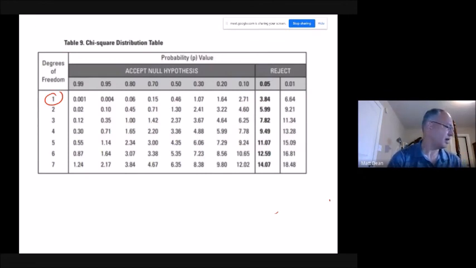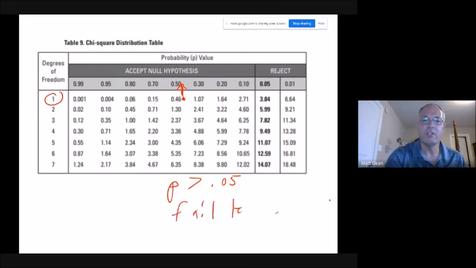Try to find our chi-square value of 0.4831. Scroll over. So 0.48 would be somewhere in here. Point being is that that p-value, once again, is greater than 0.05. And whenever p is greater than 0.05, you're going to fail to reject the null hypothesis.